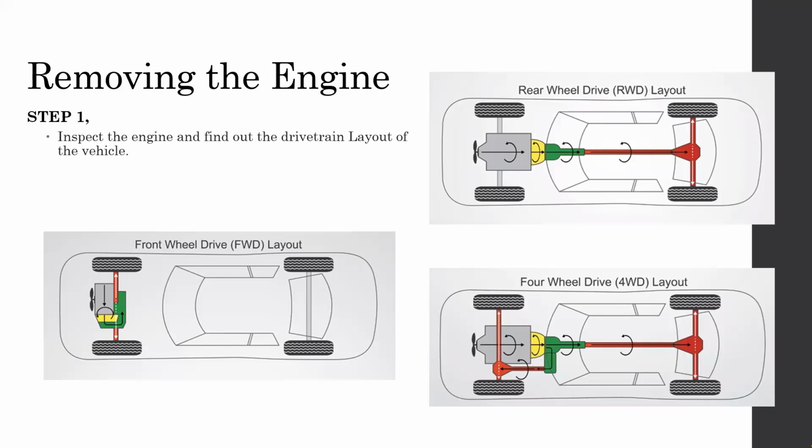Previously they used to put the engine PCM inside the driver cabin, or what we call the cockpit, the passenger compartment. So you have to identify where these components are and disconnect them accordingly. That's why first you have to inspect the drivetrain layout and all the components, how everything is arranged.